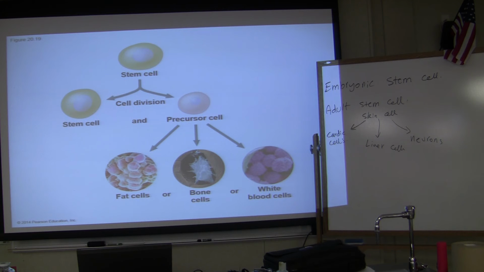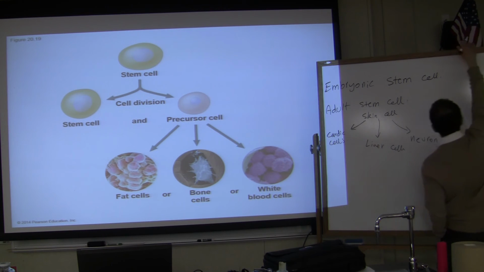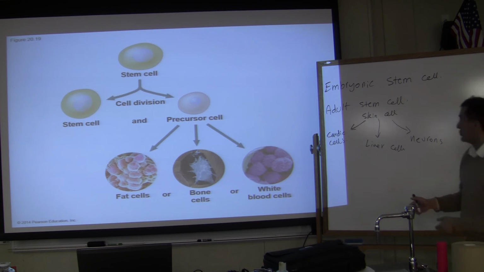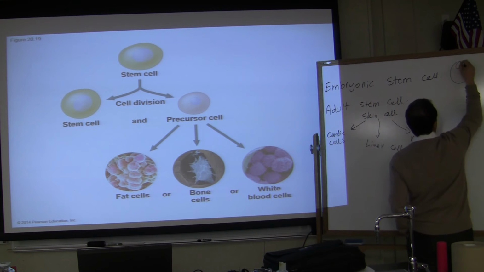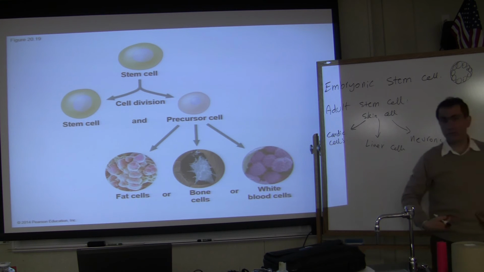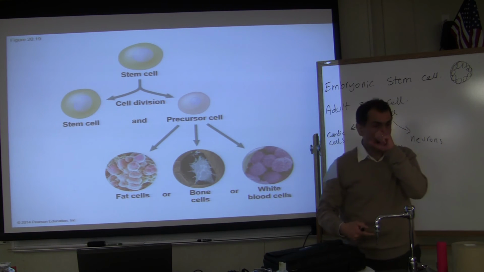What are embryonic stem cells? What happens in the United States in fertility clinics? They collect sperm from the husband and egg from the mother. They fertilize them under a microscope in a dish, and they grow it to the blastula stage, and then they put it inside the mother's uterus. This is for people who cannot have children.